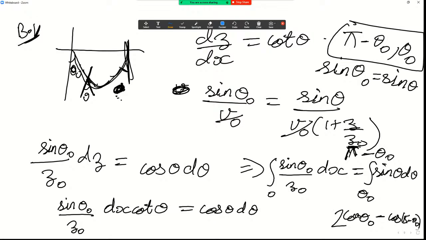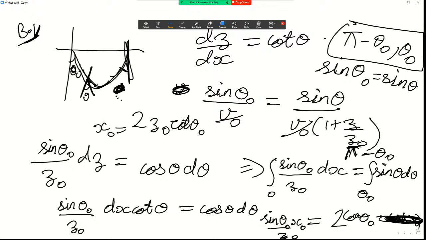So we have 2 times this equals sine theta naught x naught by z naught. Okay, we can get 2 z naught cot theta naught equals x naught, if I have done this correctly. Can you check this step? From x naught?